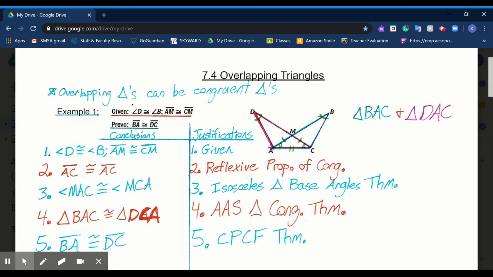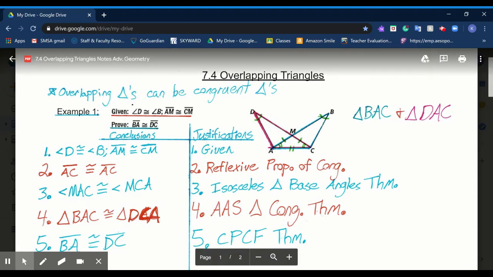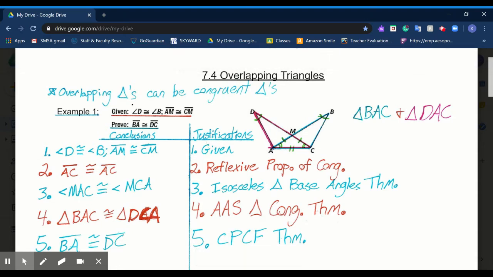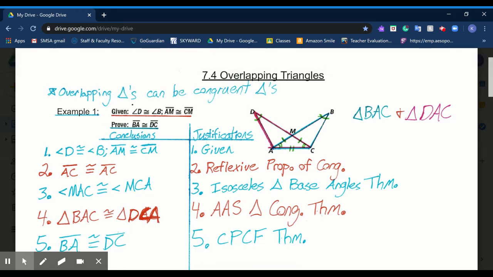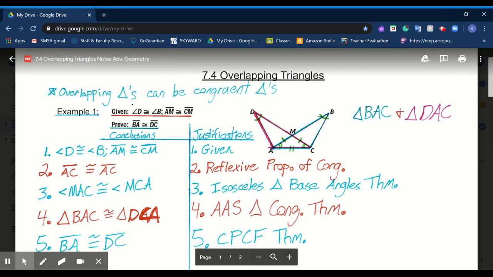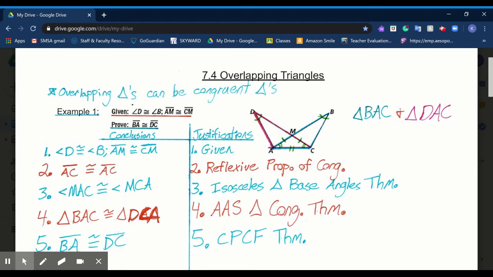Then what I need to move on to is, well, I have a bottom side and I have an angle. So eventually, looking at those triangles, now I need to either get another side or another angle. So I need to look back at what I knew. I knew AM and CM are congruent. So that makes this small triangle here, AMC, an isosceles triangle.